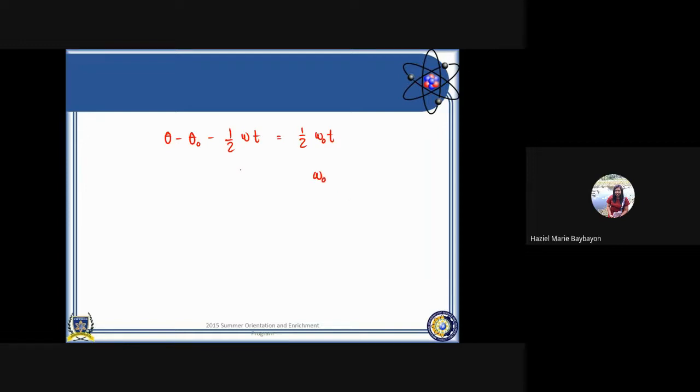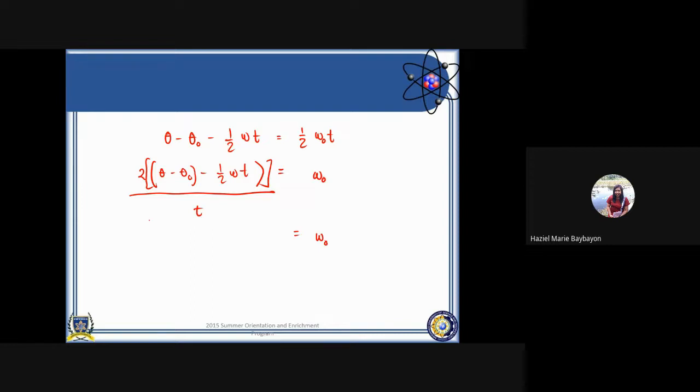Omega naught is equal to, cross multiply, 2 multiplied by theta minus theta naught minus 1/2 omega t, all over t. So, these are just numbers. Listen na siya sa numbers class, para makuha nato si omega naught.